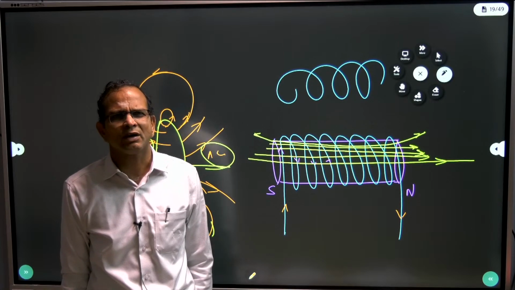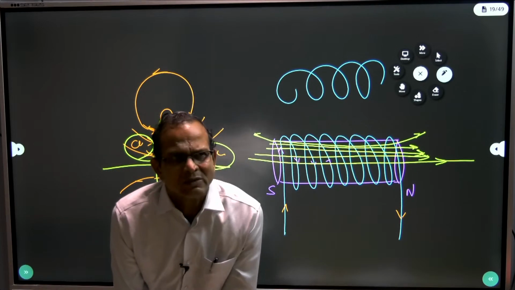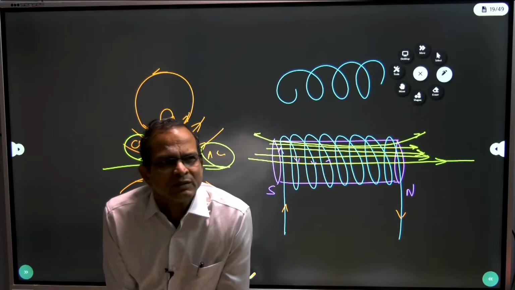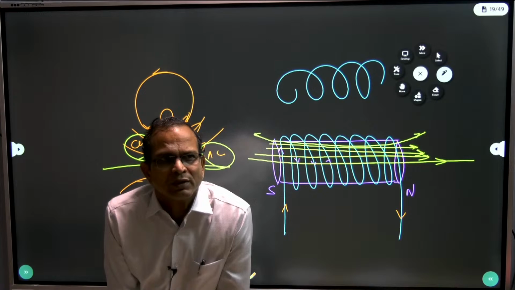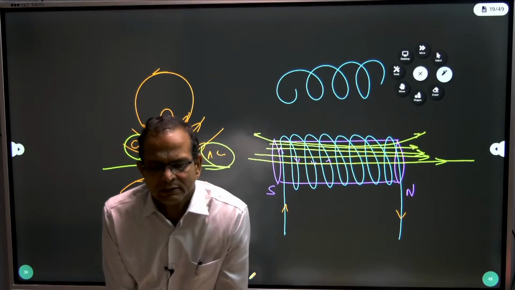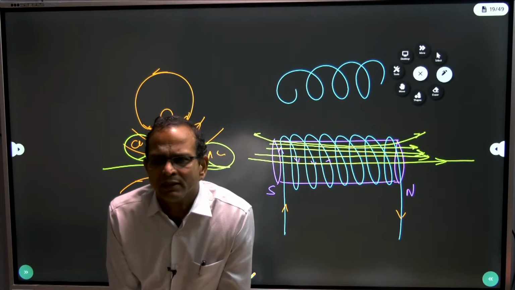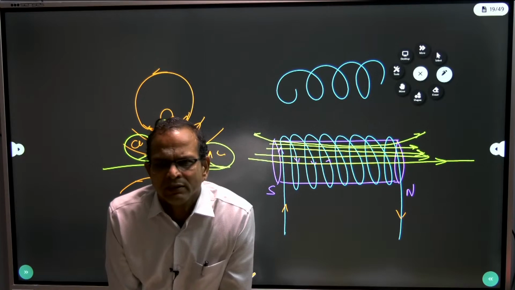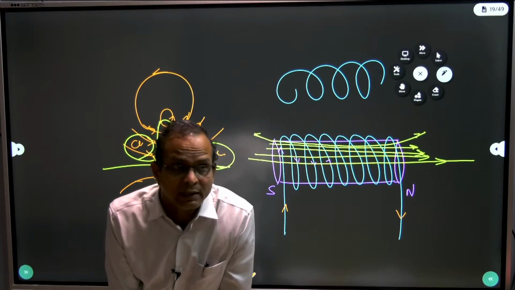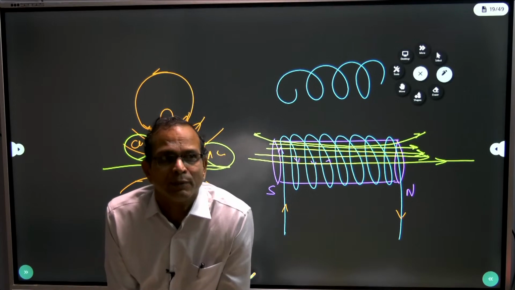Why are they using copper? Because it is cheap and affordable, sir. No, its resistance is very low, point number 1. Point number 2, we mostly use copper wire. The most important is that it is non-magnetic. That is the prime reason. What do you mean by non-magnetic? There are some materials like nickel, cobalt, steel, soft iron. These are highly magnetic; you can easily convert them into a permanent magnet.